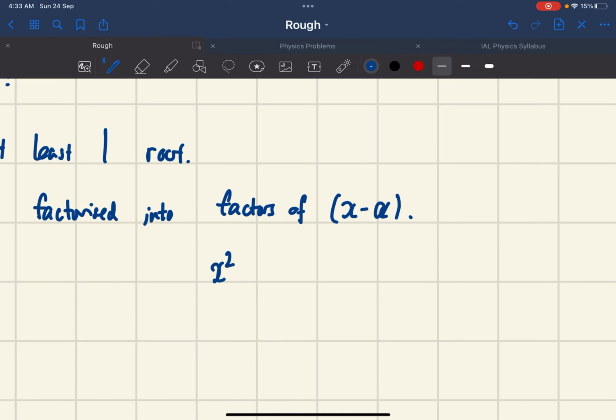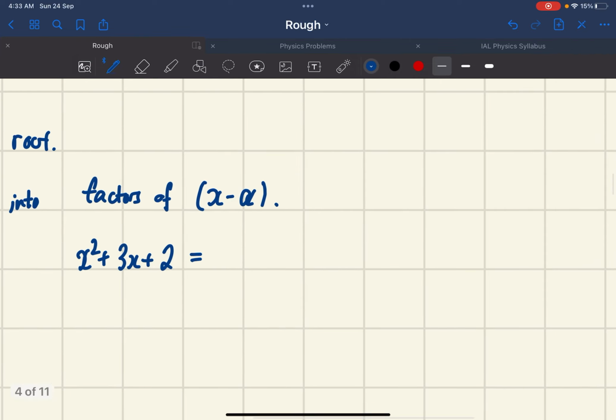So a polynomial, you can, actually I'm not sure, something like this, right? Oh, okay, forget it. It's okay.